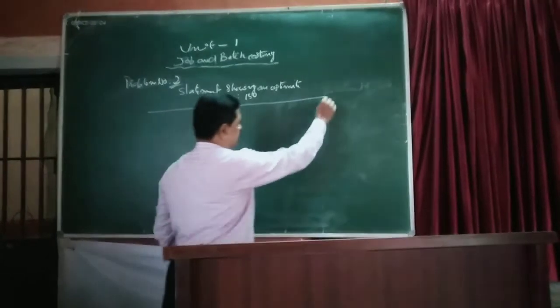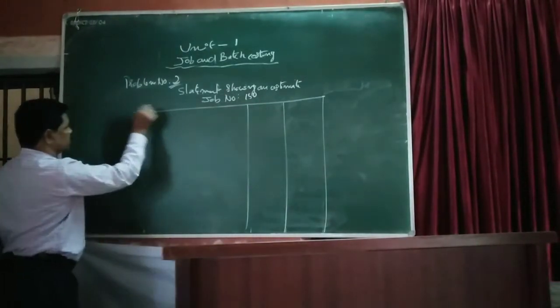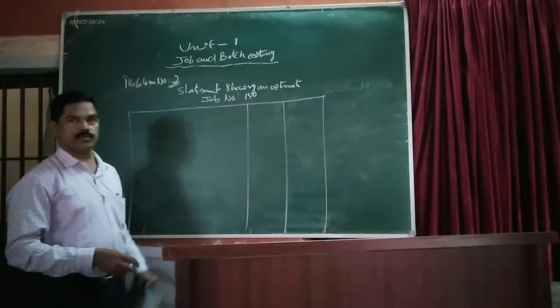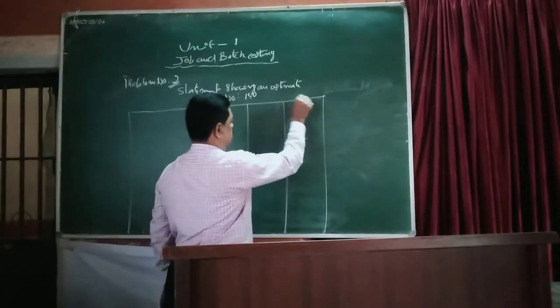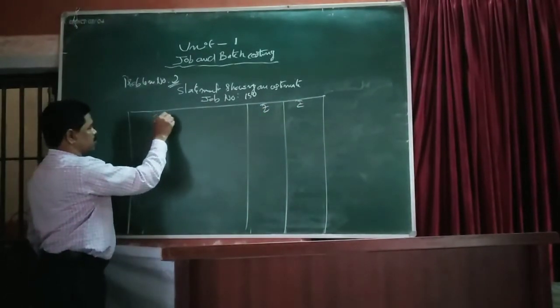This statement again has 2 columns. One is particulars, then the amount column, amount in rupees, or you can write elements of cost.